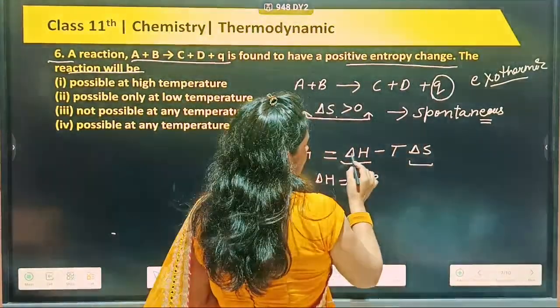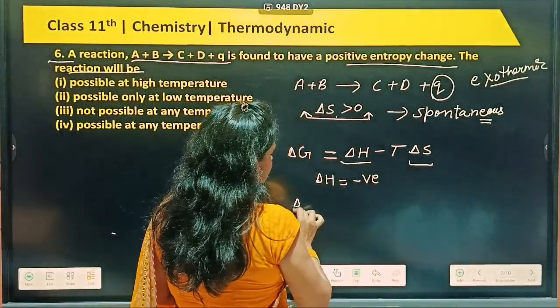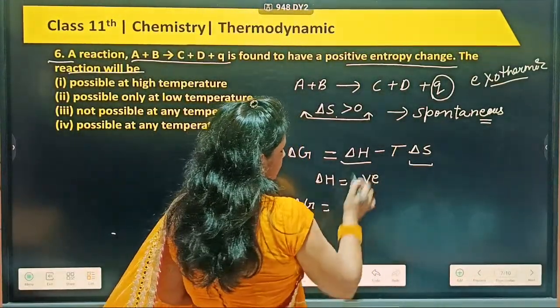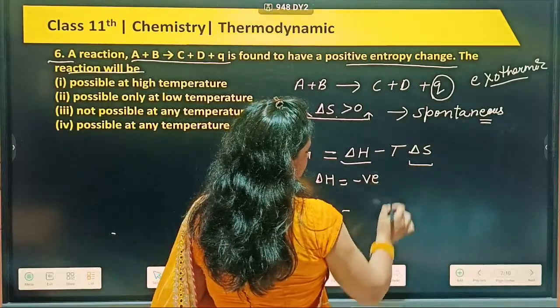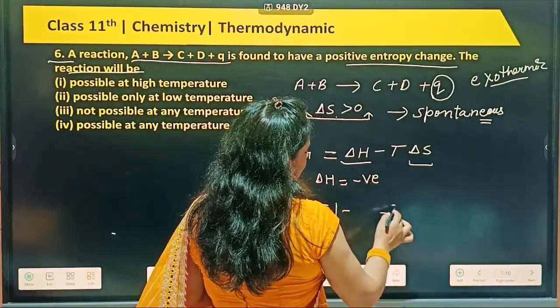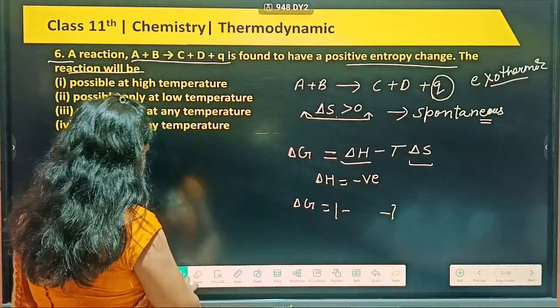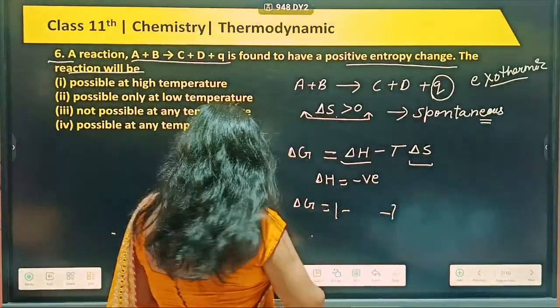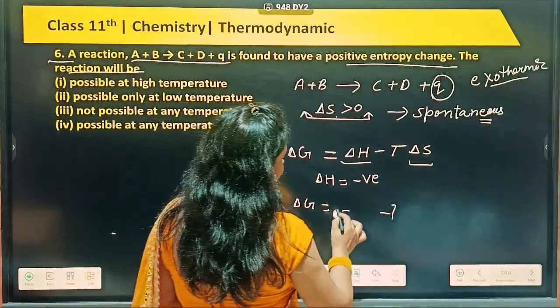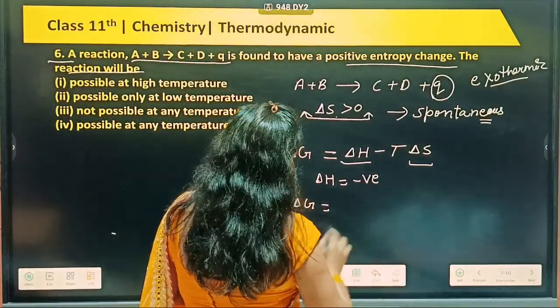This is positive. So overall, this del G value will be, this one is negative and this one is also negative, so overall it will be negative. So you will get the value of del G less than 0.